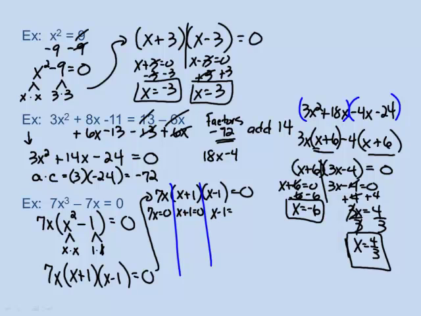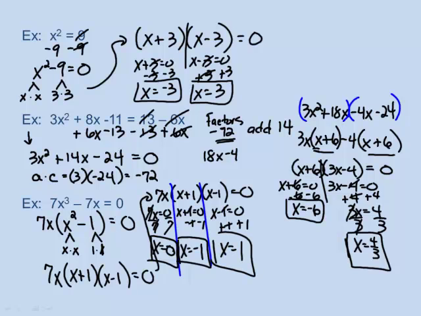X minus 1 equals 0 will give us a solution. Solve each. Divide by 7 here. X equals 0 is one solution. Subtract 1 here. X equals negative 1 is our second solution. And add 1 to both sides here. X is equal to a positive 1 is our third solution.